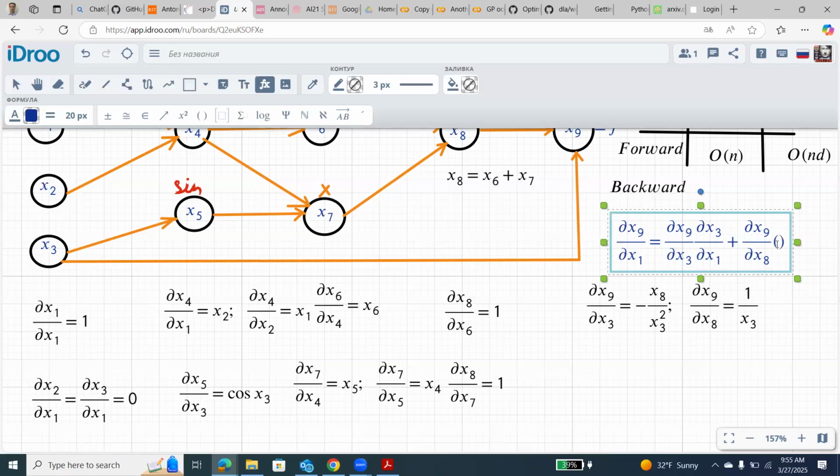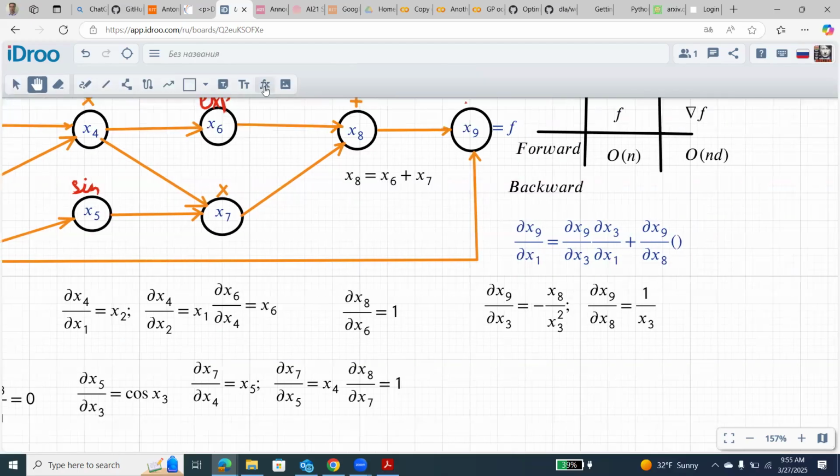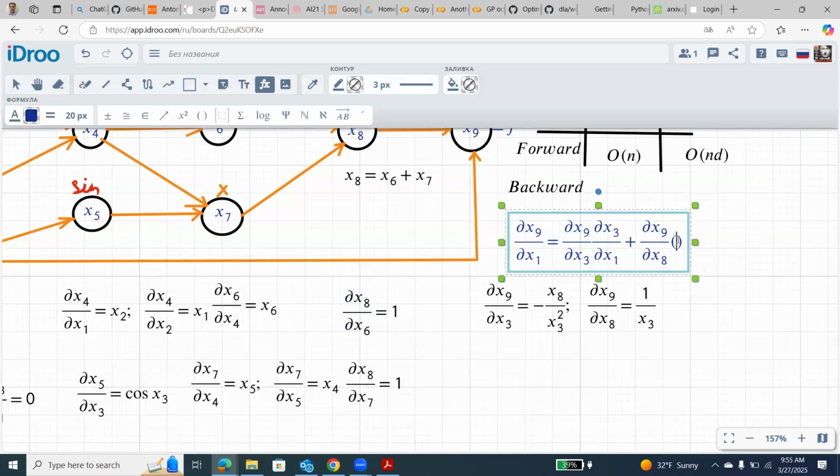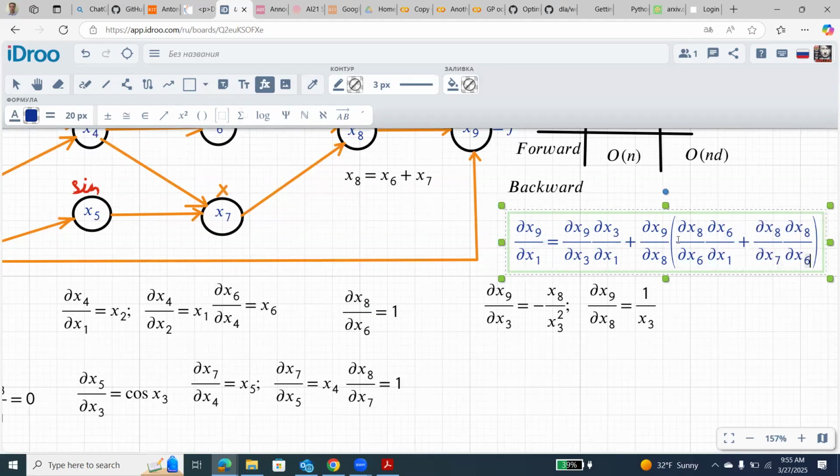Do I need to? I can write this explicitly. So x8 times x6 with respect to x1 plus x8 with respect to x7 times x7 with respect to x1.